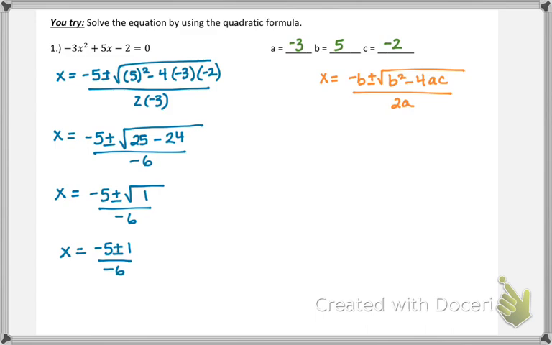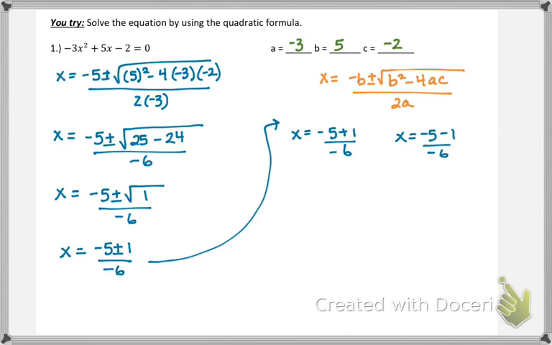Alright, so now I have two separate answers that I'm going to split up. X could be -5 plus 1 divided by -6, or x could be -5 minus 1 divided by -6.